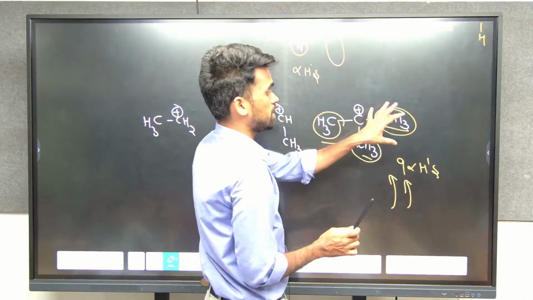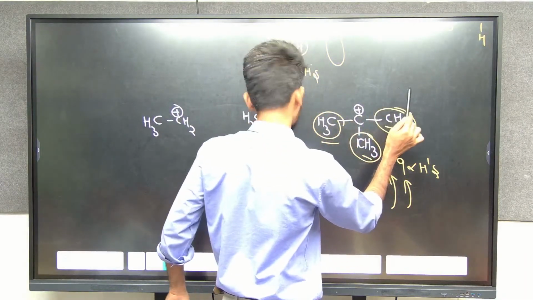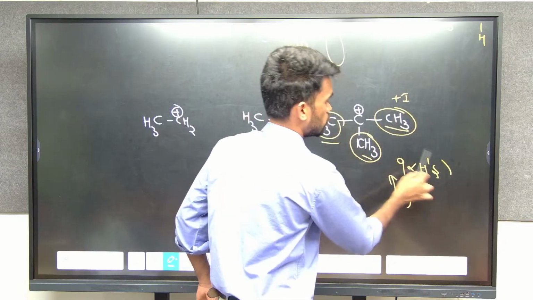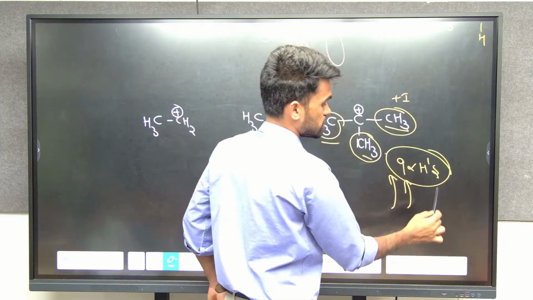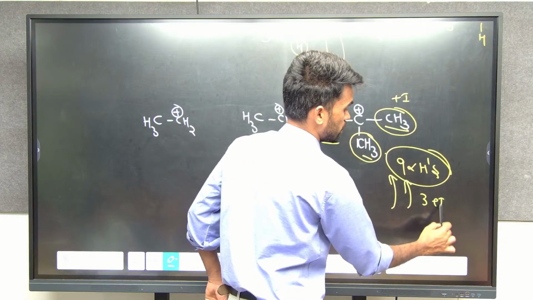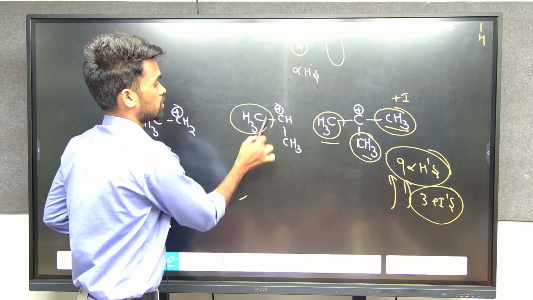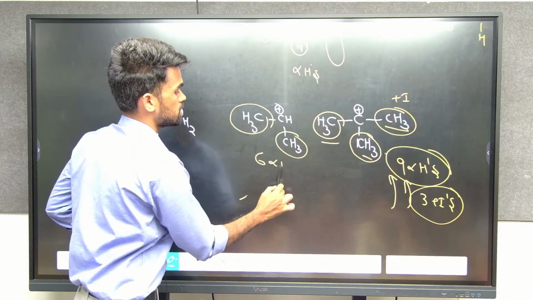Again, one methyl group can be considered as 1 plus I group. Like that, how many plus I groups are there? 3. So 9 hyperconjugations plus 3 plus I effects. Like that, for this one you tell me. 6 alpha hydrogens.